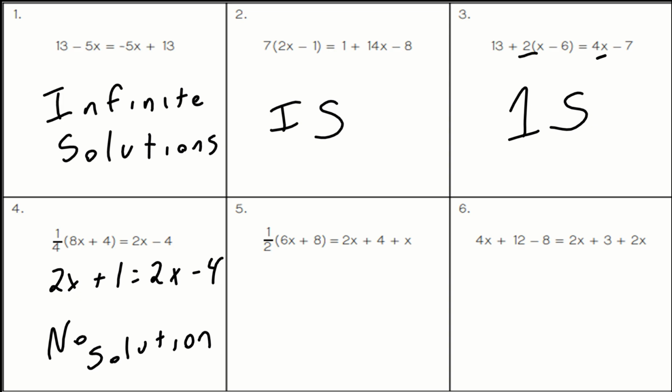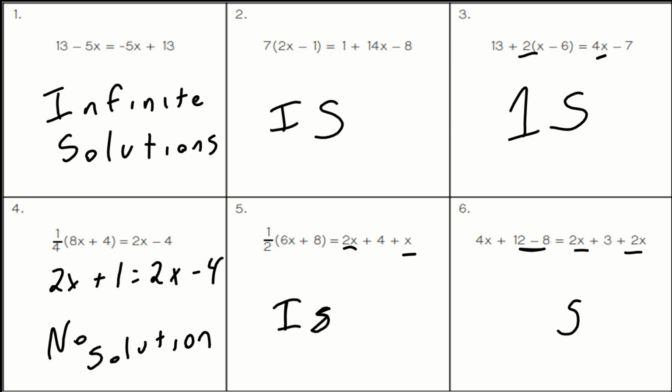Number 5. Kari? Infinite solutions. When I distribute, I got 3x plus 4 on the left side. After I combine my 2x and my 1x, I got the same thing on the right side of 3x plus 4. Number 6. Lenny? No solutions, correct. I got 4x. That makes a plus 4.